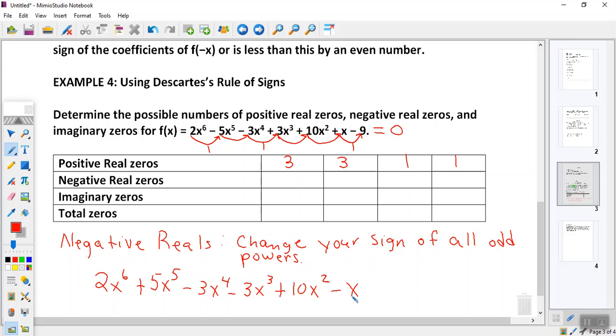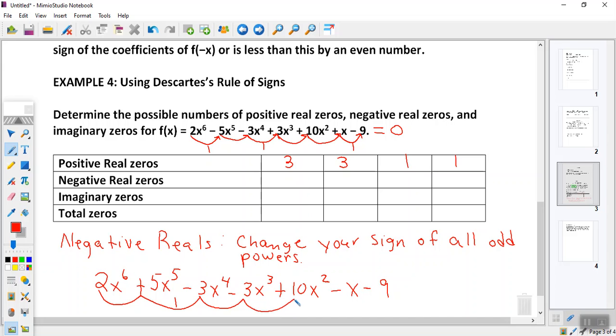Okay, let's check and see how many sign changes we have for negative real zeros here then. Okay, going from a positive to a positive, does that count as 1? How about now? That's 1, isn't it? Is this a sign change? Is this a sign change? Is that a sign change?